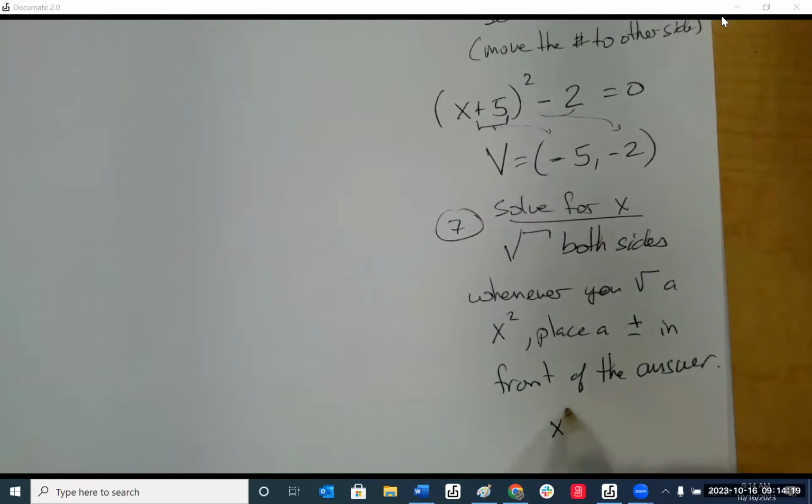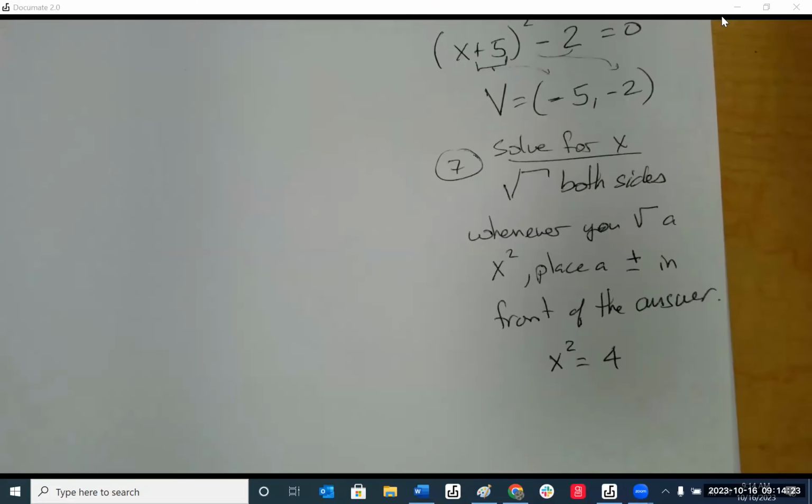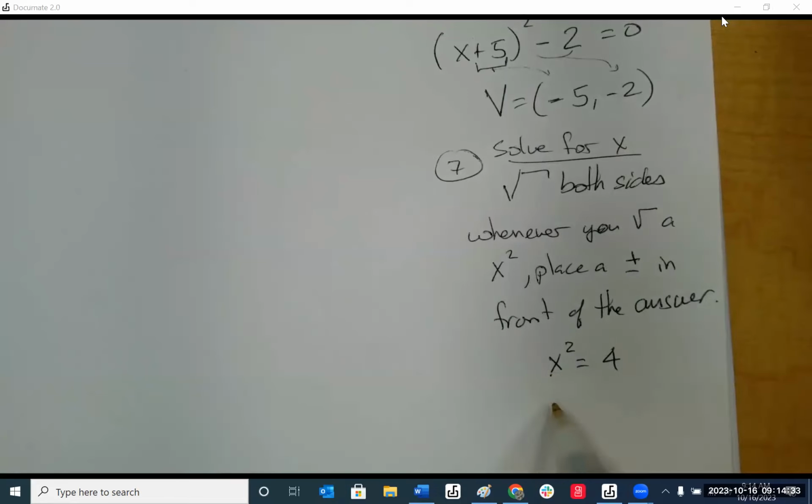In other words, if I gave you this, x squared equals 4, what could x equal to make it true? 2. So x can equal 2. Or x can also be negative 2, because negative 2 times negative 2 is also 4.